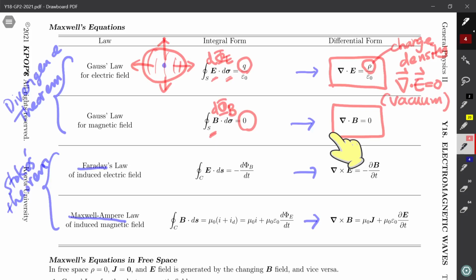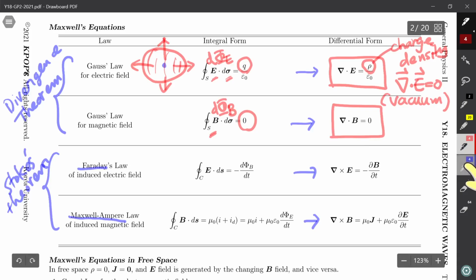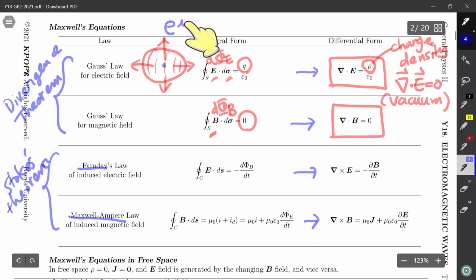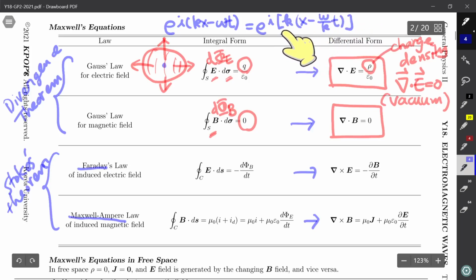When we solve the differential equation, we usually use some trial solution. The wave nature of the trial solution, the space-time dependence, can be simply expressed as the exponential e to the i(kx minus omega t) style, and omega over k is the speed of light.